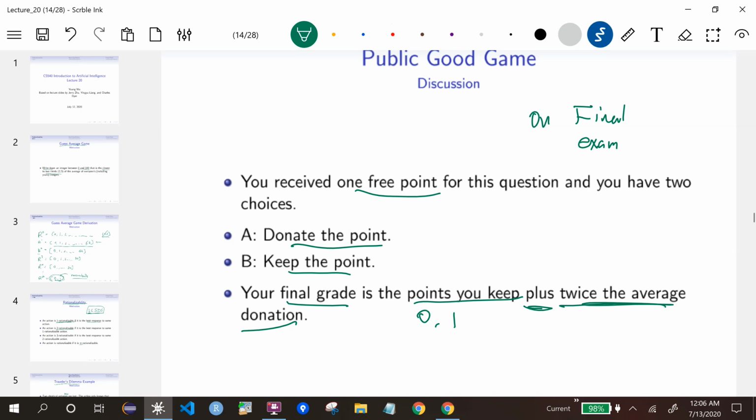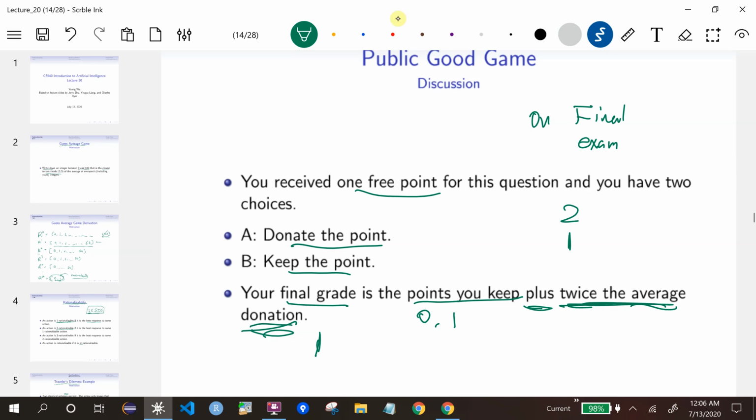Everyone can choose to donate the point, and then there are basically 3 possibilities. If everyone is donating, then the average donation will be 1, and I'm doubling it, then you'll get 2 for this question. And if no one is donating, everyone's keeping the point, then everyone's just getting 1.